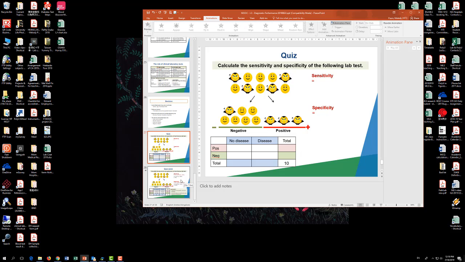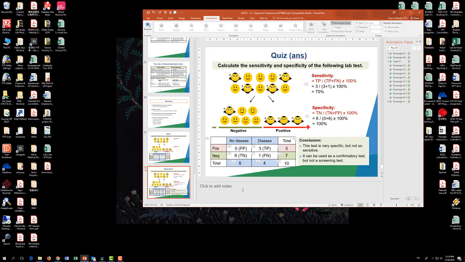So, putting the numbers into the table and then plugging them into the formula, you can find out the sensitivity should be 75%. But for the specificity, it is 100%. That means the test is specific, but not so sensitive. It can be used as a confirmatory test, but not a screening test.